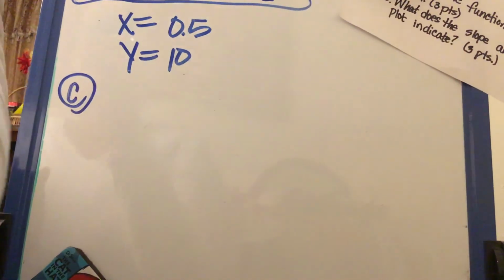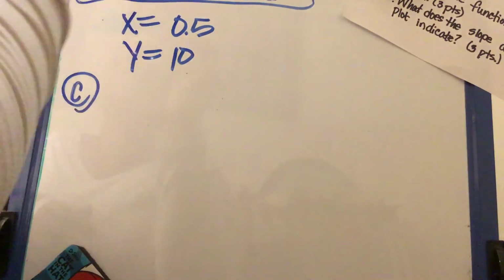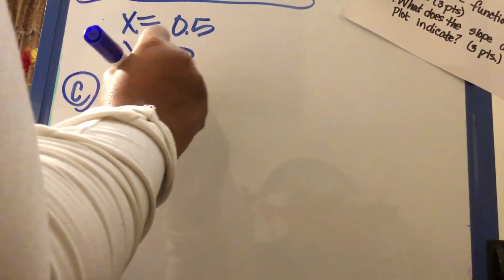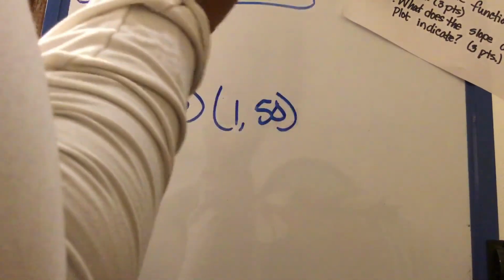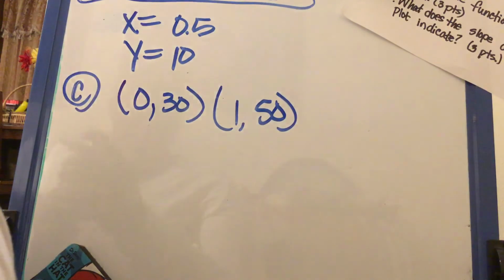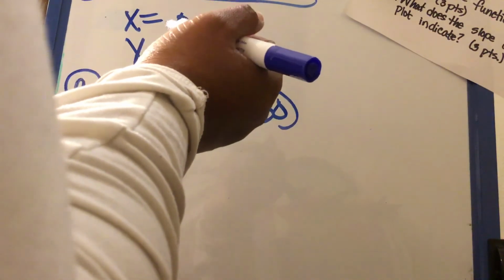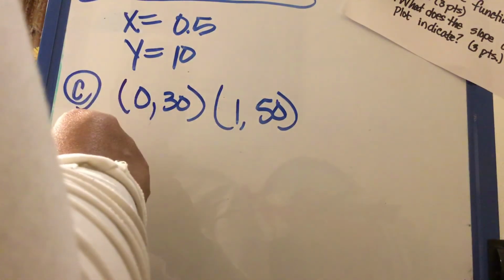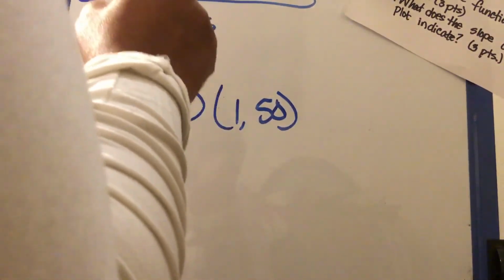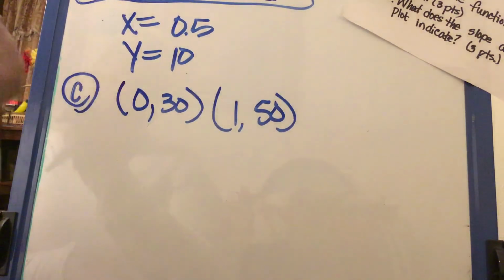Okay. So I'm going to use an easy point. I'm going to stay away from my decimals. I'm going to use 0, 30. And I'm going to use 1, 50. Because I don't want to use the decimals if I don't have to. Okay, so these are my 2 points, right? So to find my slope, I need to find my slope because I haven't finished this yet. So I'm going to do kind of B and C at the same time.